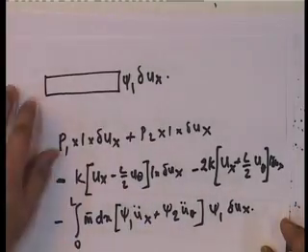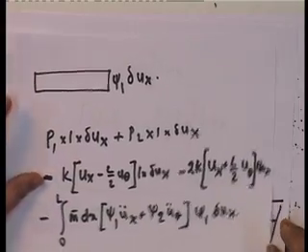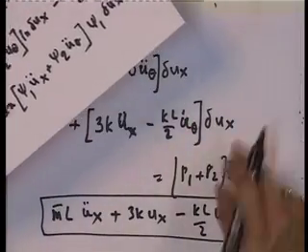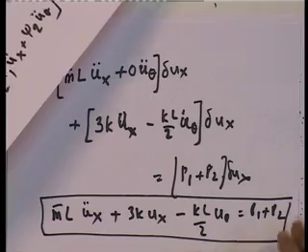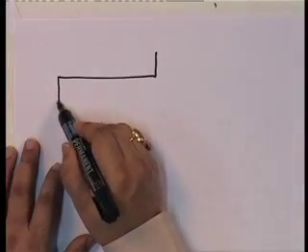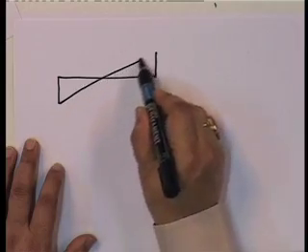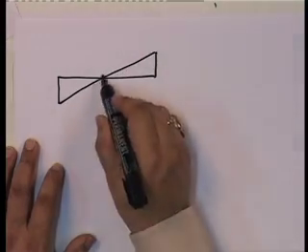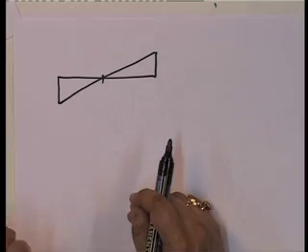So, this is actually a work equation, but since delta u x goes out, it looks like an equilibrium equation. So, we have got the first equation and now what we need to do is define another virtual displacement pattern which is not included in the other pattern.